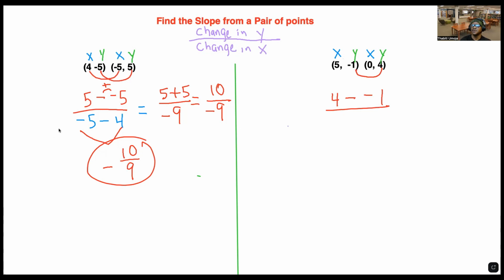And then below that, I have the x's, which is 0 minus 5. Okay, remember these two become a positive, double negative. So that's 4 plus 1, which is what? Yes, it is 5.